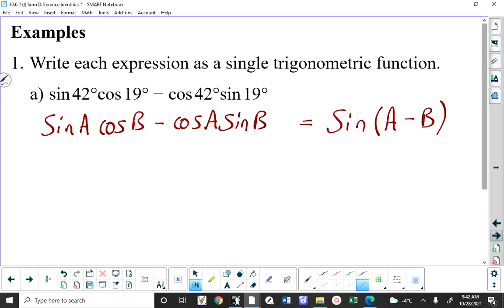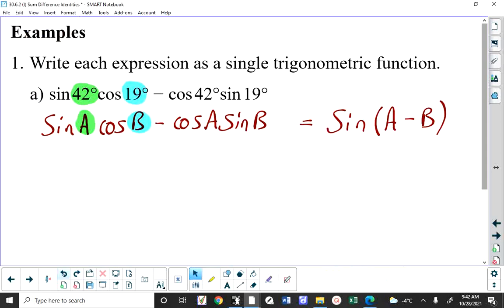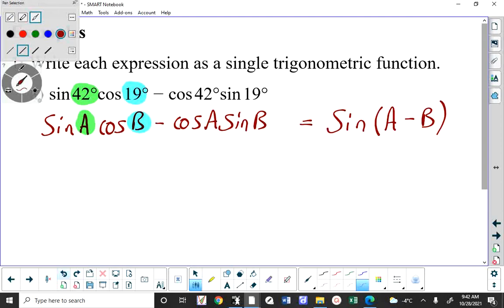So that means since A is 42 and B is 19, I could color in the other 42s and 19s and A's and B's as well, but I don't feel the need to. This is going to be equal to sine of 42 degrees minus 19 degrees, which is 23.